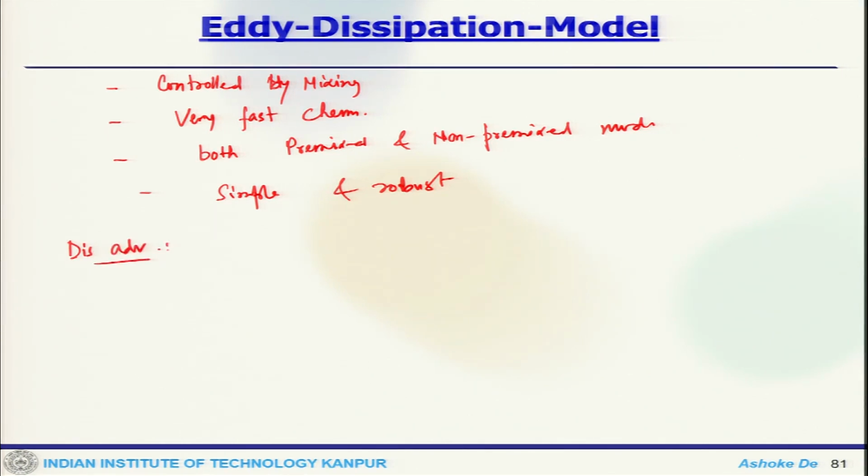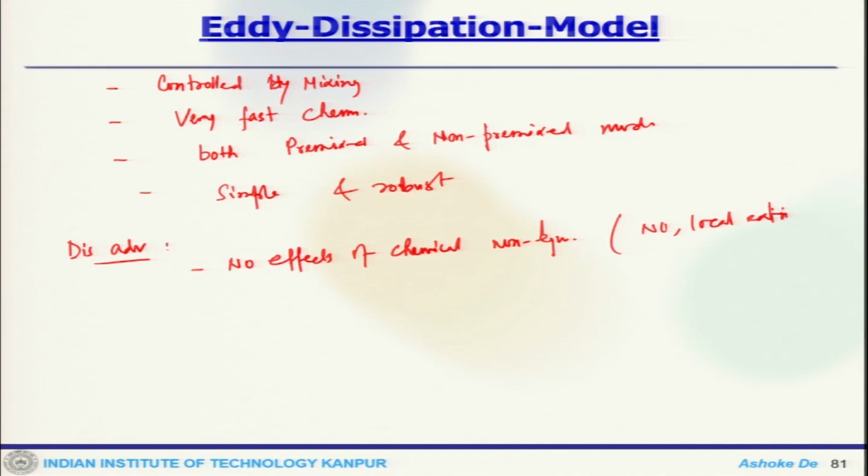But there are certain disadvantages which are quite prominent. So, no effects of chemical non-equilibrium, that is one thing, that means that NO formation and local extinction cannot be predicted. Also, finite rate chemistry effects are not considered.